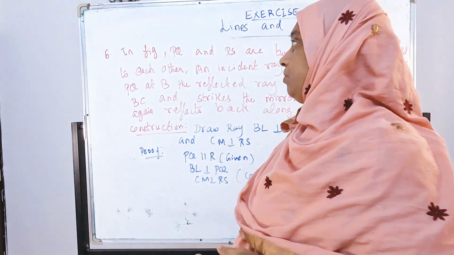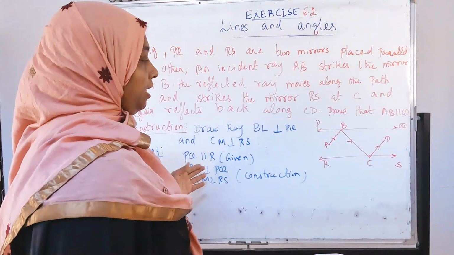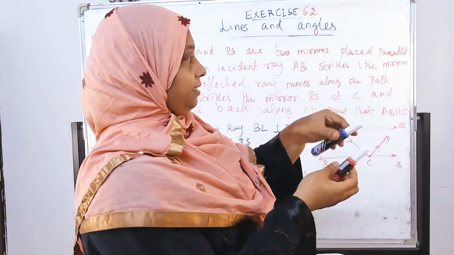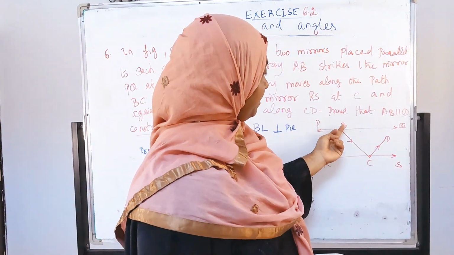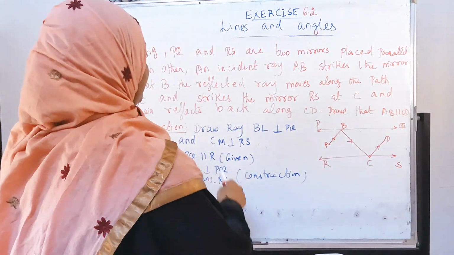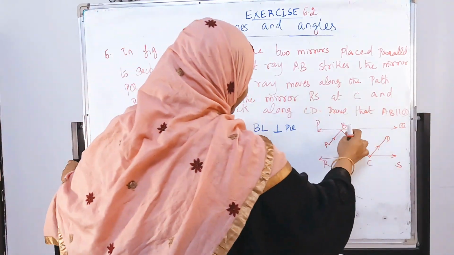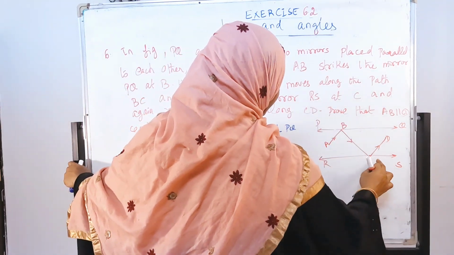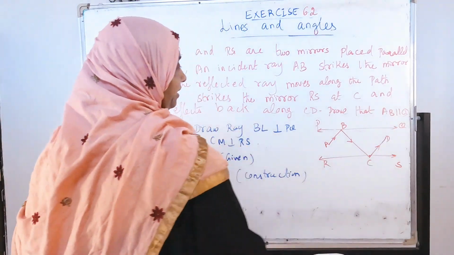In the sum, the given information is what? In the figure, PQ and RS are two mirrors placed parallel to each other. An incident ray AB strikes the mirror PQ at B. The reflected ray moves along the path BC and strikes the mirror RS at C, then again reflects, and CD is the reflected ray.